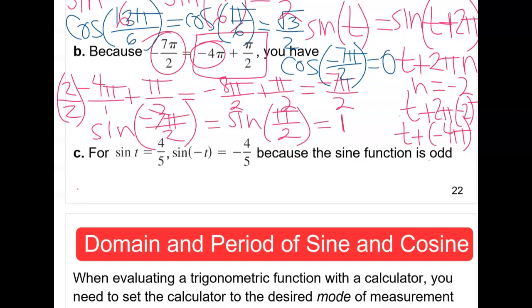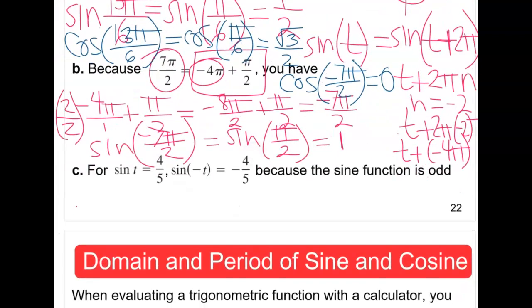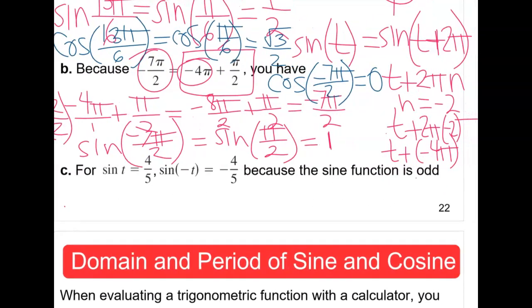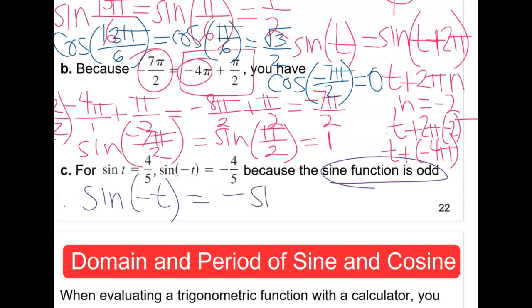Okay, and finally here we have sine of t equals 4/5 and the sine of negative t equals negative 4/5. And the explanation for this is that the sine function is odd. So that goes like this: sine of negative t is the same as the opposite of sine, but with the positive angle.